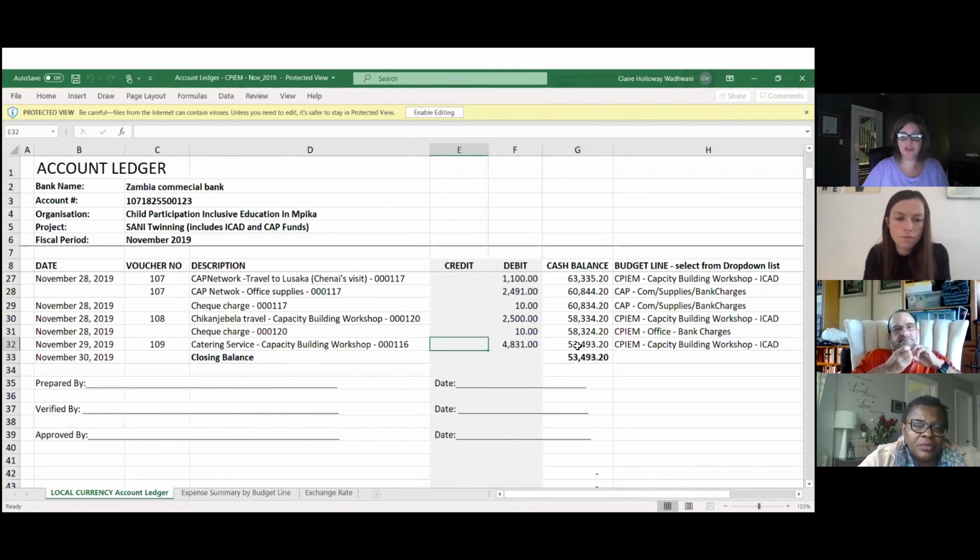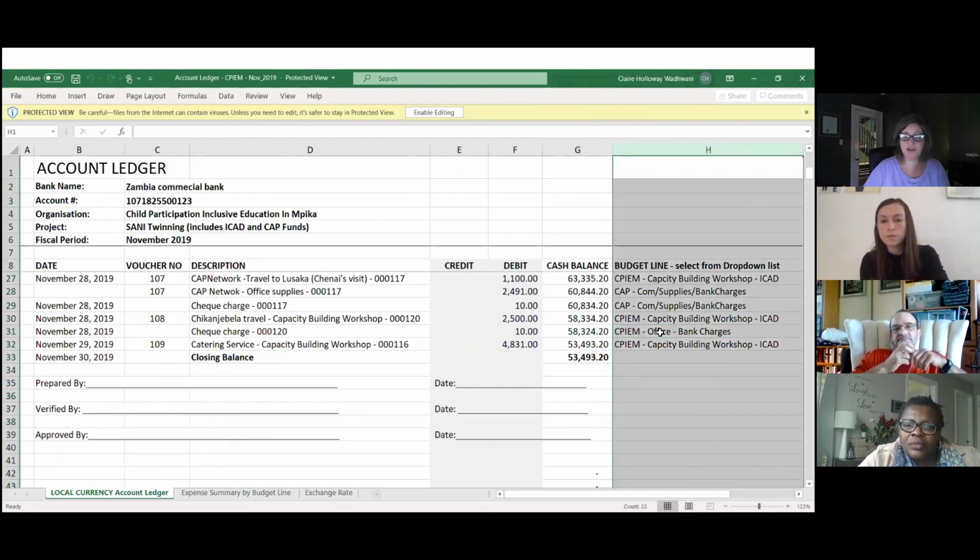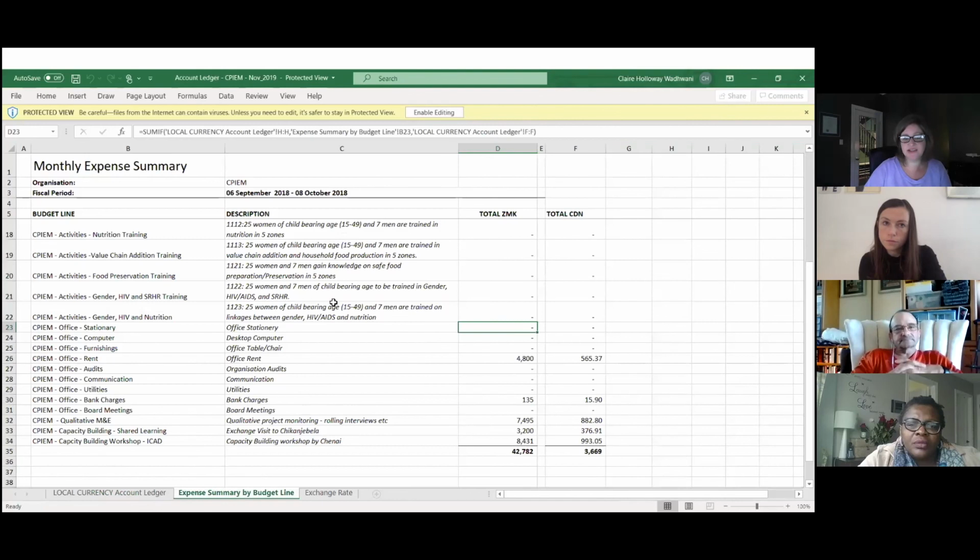Column H is where she entered which budget line that expense was coming from. And then this tab we set up so that it automatically updated from the ledger. Am I making myself clear?